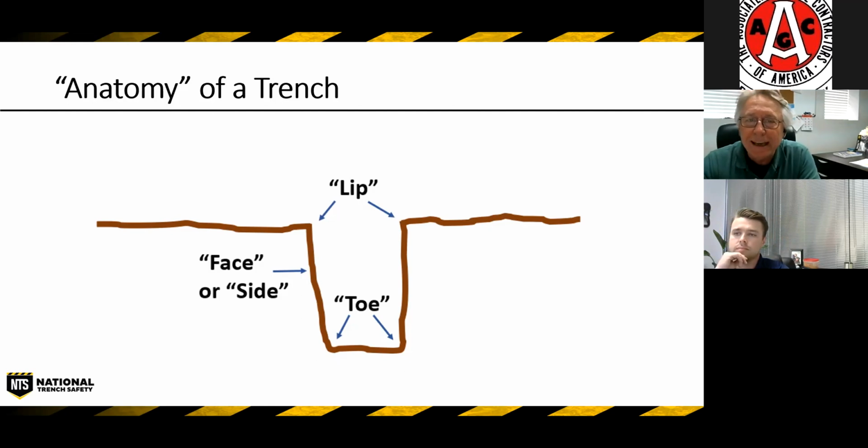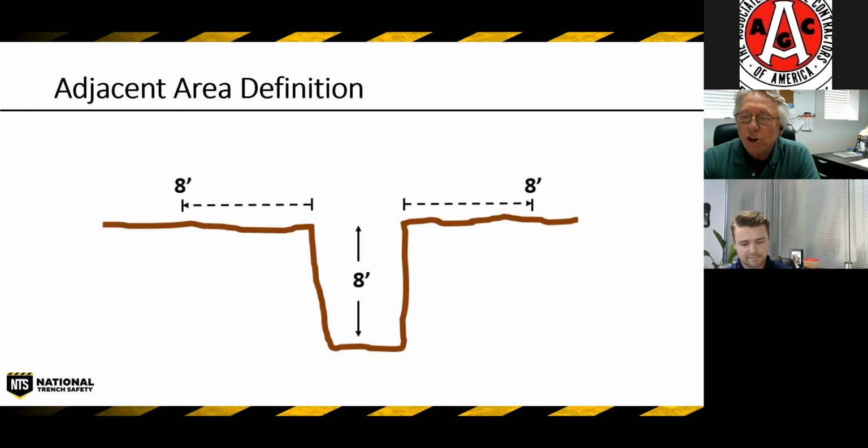So first, let's begin by looking at the anatomy of an excavation. We start with the toe, which is the bottom of the excavation, and then the top is the lip, and then of course we have the face or the sides. And it's important to understand this because when we start talking about the adjacent area, we're looking at the area out from the lip that is equivalent to the depth.